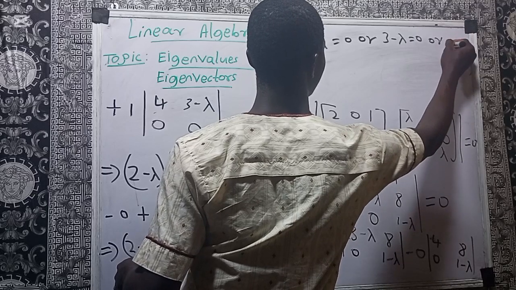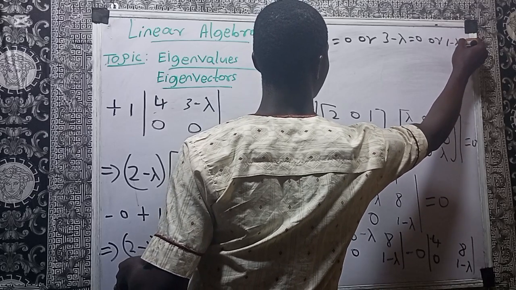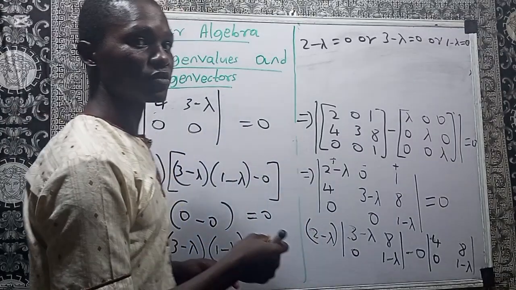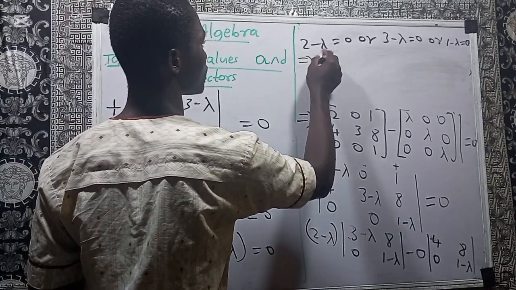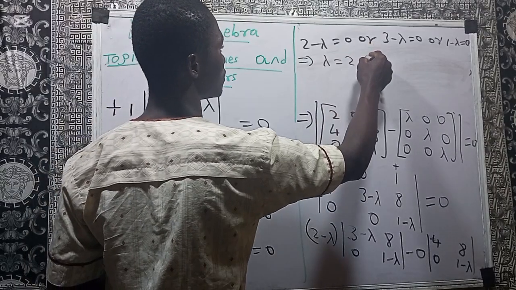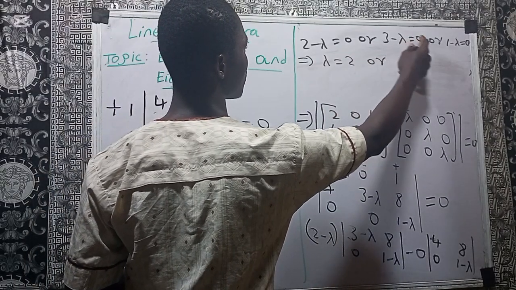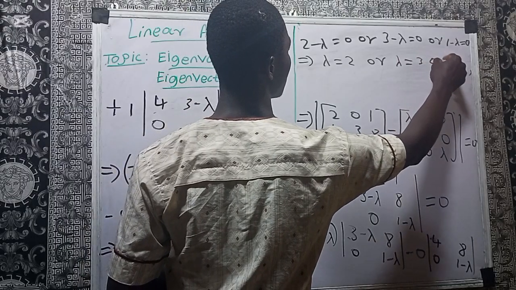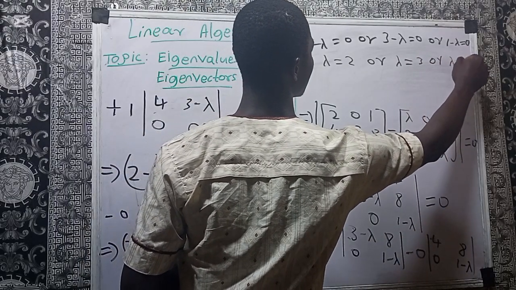These are the possibilities we can have for the product of the three quantities to give us 0. So if you solve the first one, move negative lambda to the right, we have lambda is 2. Solve the second one, lambda will be 3. Or solve the third one, lambda will be 1.